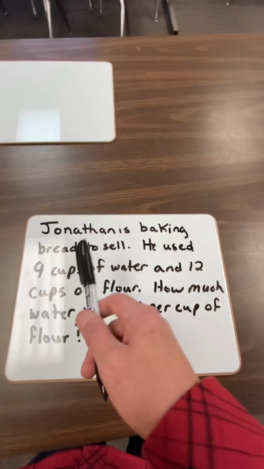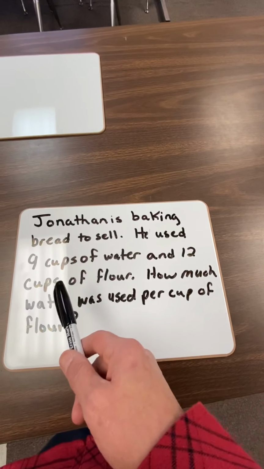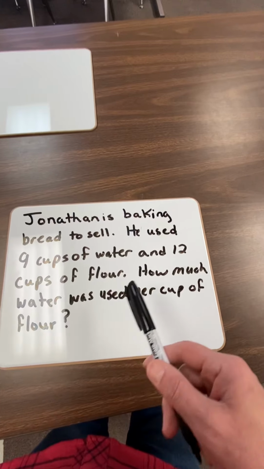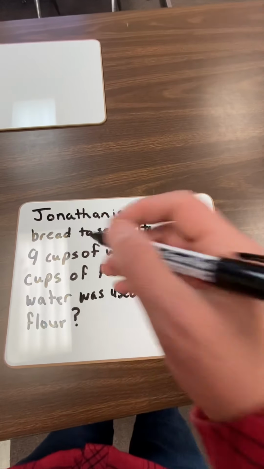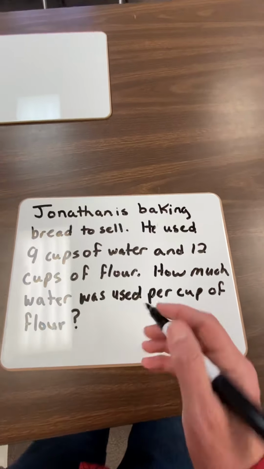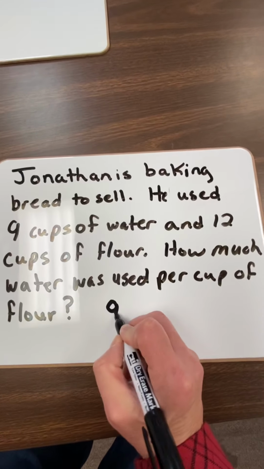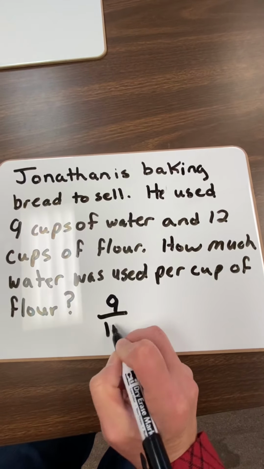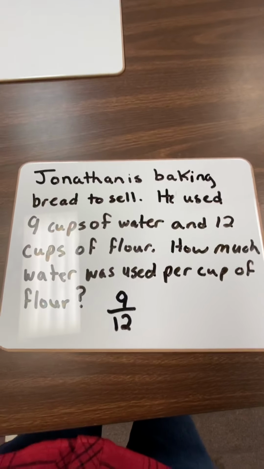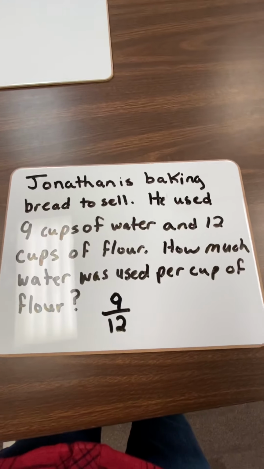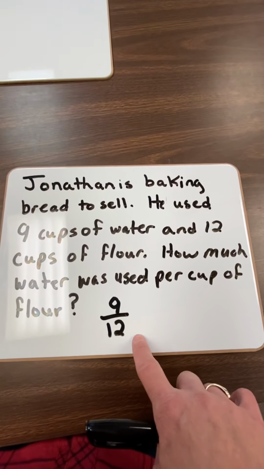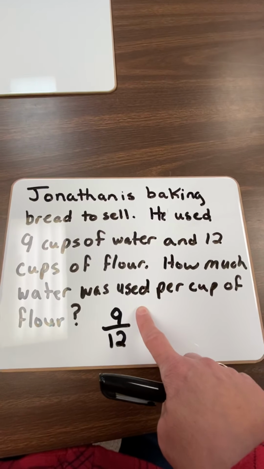Okay, let's look at it. Jonathan is baking bread to sell. He used 9 cups of water, 12 cups of flour. How much water was used per cup of flour? So, water to flour. So, 9 to 12, okay? 9 cups of water to 12 cups of flour. Now, we can't divide 12 into 9 and get an even number, okay?